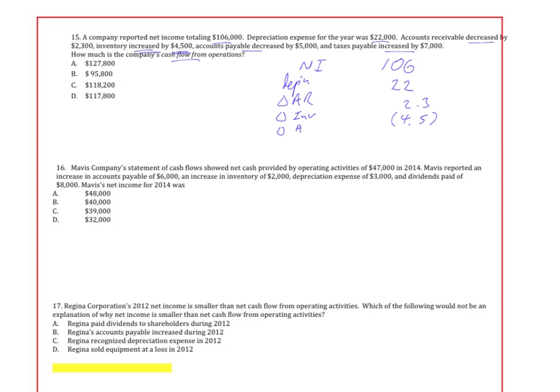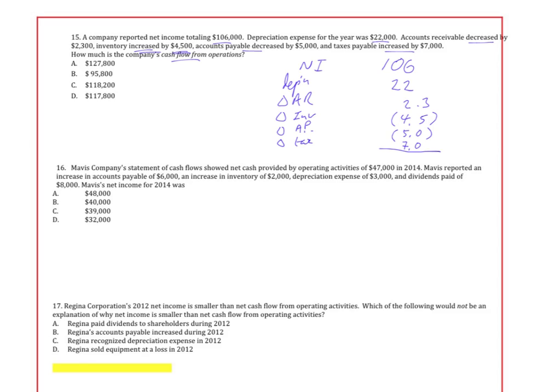That's even more bad news, because all that happened is we used some cash to pay off our creditors by 5,000, so that's a negative here. And then taxes payable increased, so at least that's some good news. We ended up, in effect, borrowing an extra 7,000 from the federal government this year, assuming it's federal taxes.